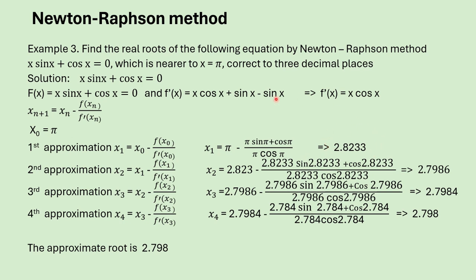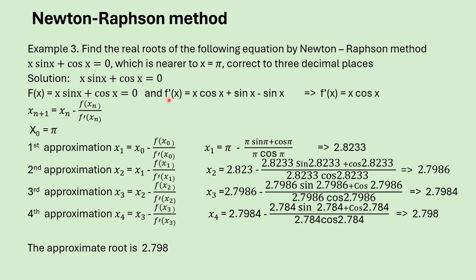Now we have to start the second approximation, keeping this x1 value here. So x2 is equal to x1 minus f of x1 by f dash x1. Here we have to place the value of x1, which is 2.8233. In f of x we have to put the value of x1, which is 2.8233.